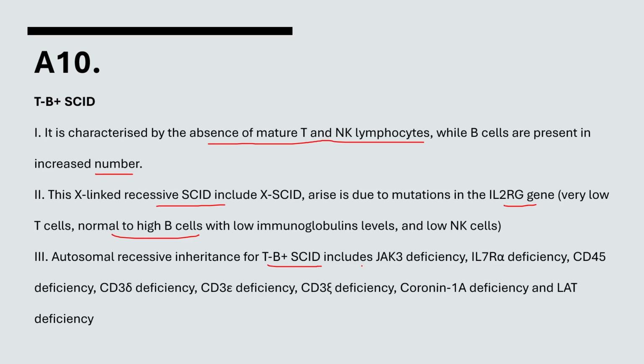So this TB plus SCID, what is it? It is characterized by the absence of mature T lymphocytes and mature natural killer cells, while B cells are present in increased number. I think the name suggests the definition, so we need to understand the meaning and try to remember it.